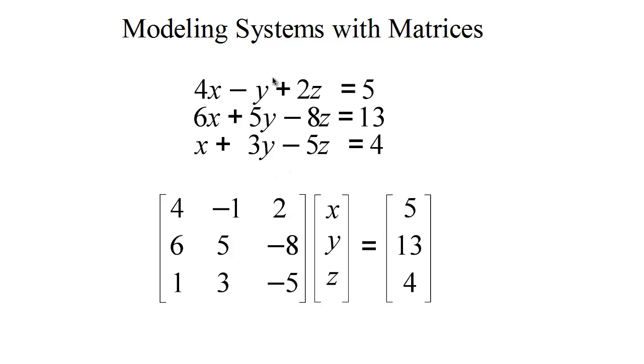So this can be represented with a 3x3 matrix, and then we have a 1-column 3-row matrix with the variables x, y, and z in them. And then the right-hand column on the other side of the equal sign represents what these linear systems are all equal to. So matrices are very compact ways to store information.